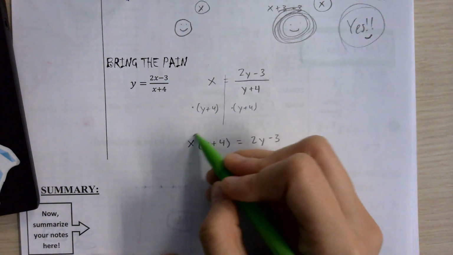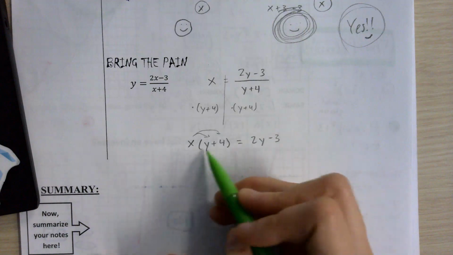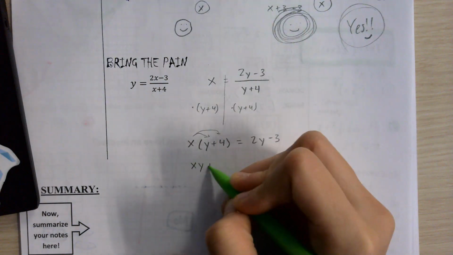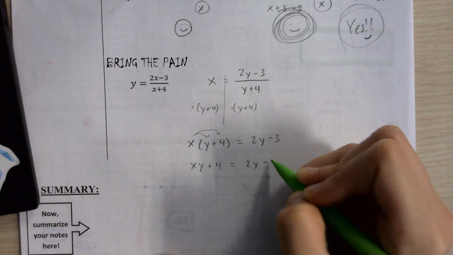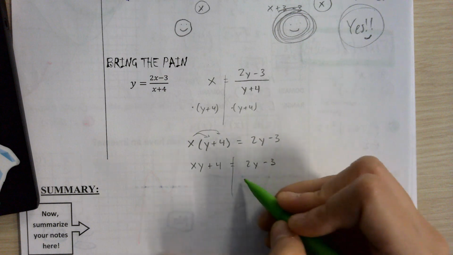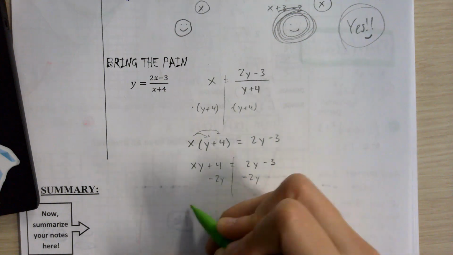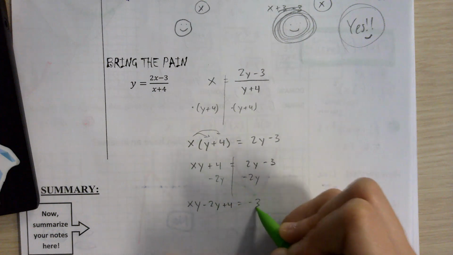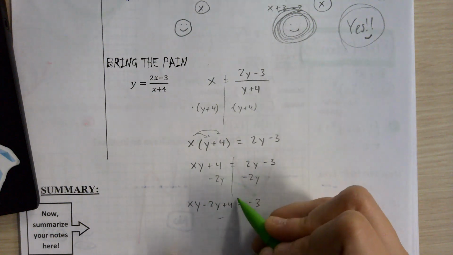We're going to distribute this x because we're going to have to separate this term, right? So we get xy plus 4x equals 2y minus 3. We're going to move all the y's to one side. So minus 2y, minus 2y. We get xy minus 2y plus 4x equals negative 3. And then minus 4x.